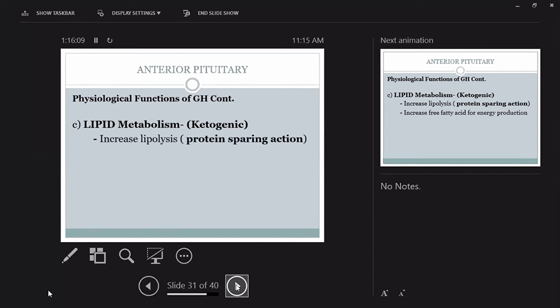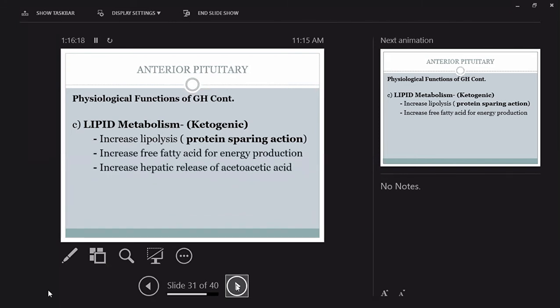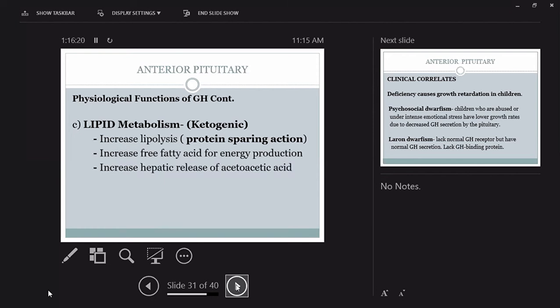Increases lipolysis. So it has a protein sparing action. Increases free fatty acid for energy production.